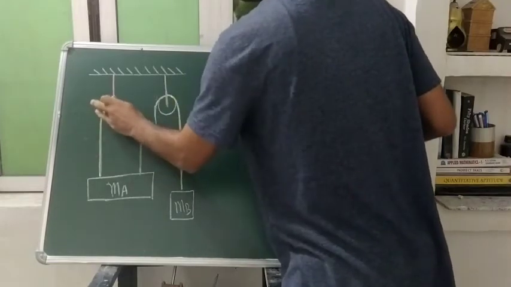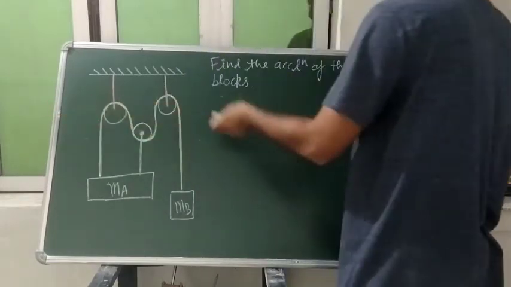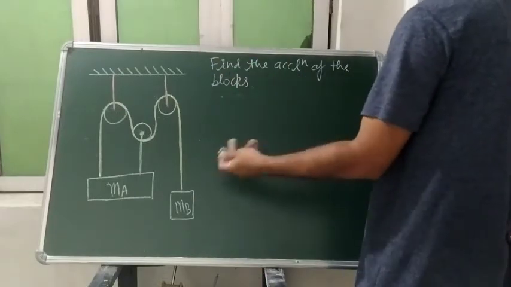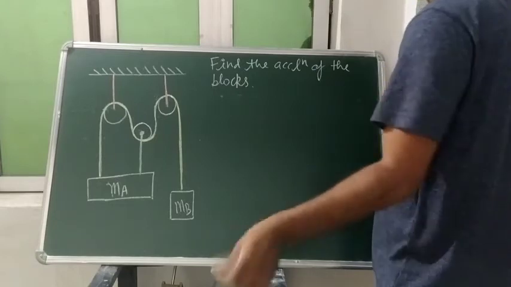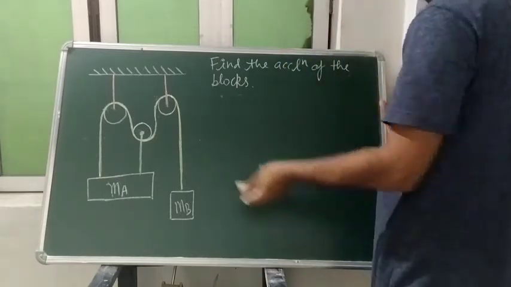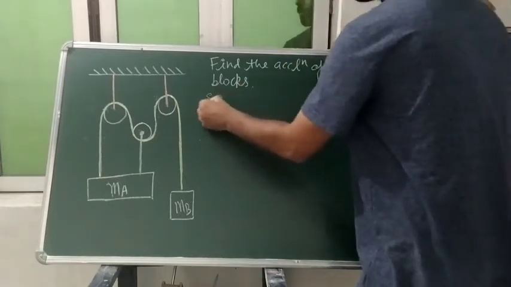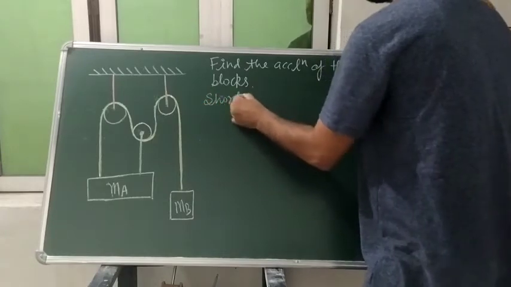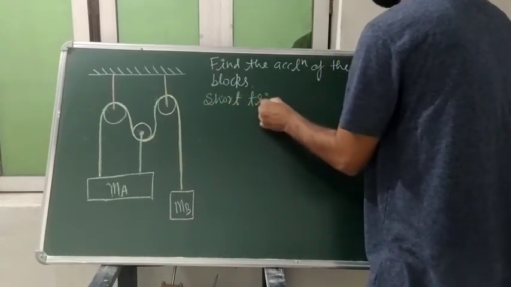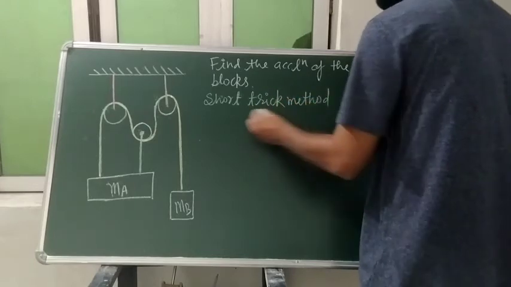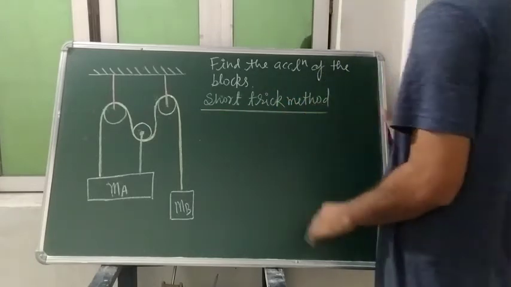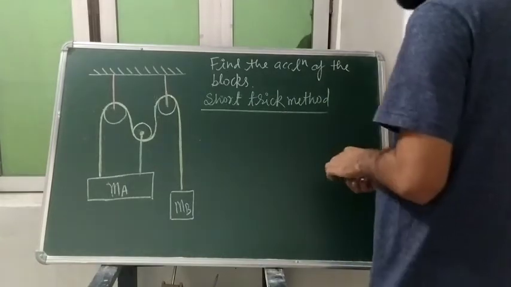The traditional method will tell you to select the datum and select the lengths of the strings. I am not performing that. You can perform that. We will select the short trick method, as we want to save the time.